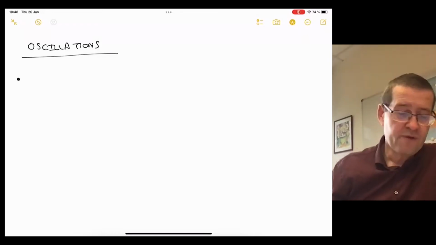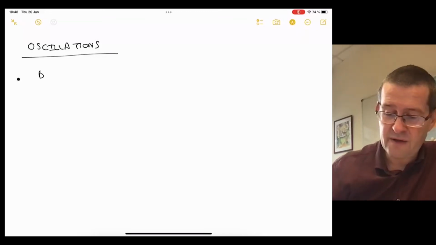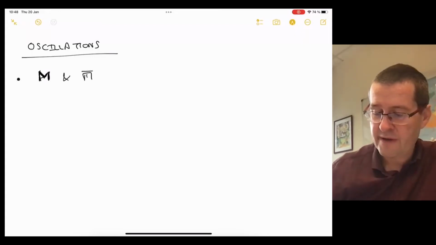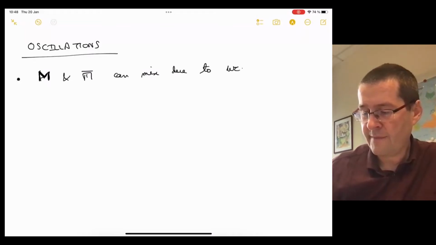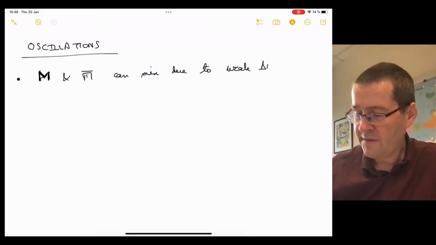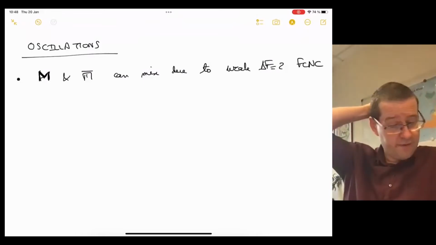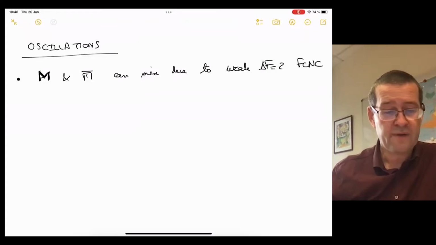So we have to start looking at, for this moment, I will just say M and M bar can mix due to weak delta F equal to FCNC, flavor changing neutral currents. And so that means that we have to look at the time evolution.